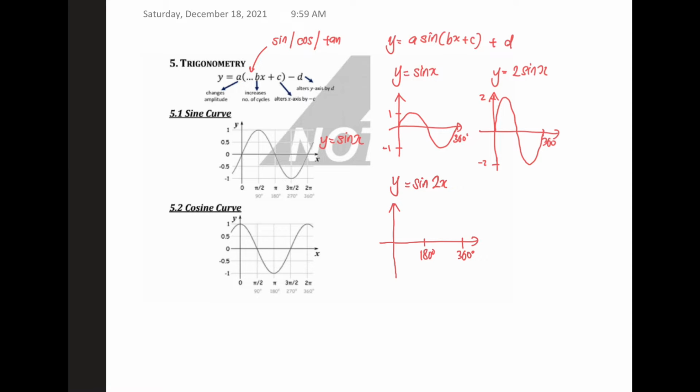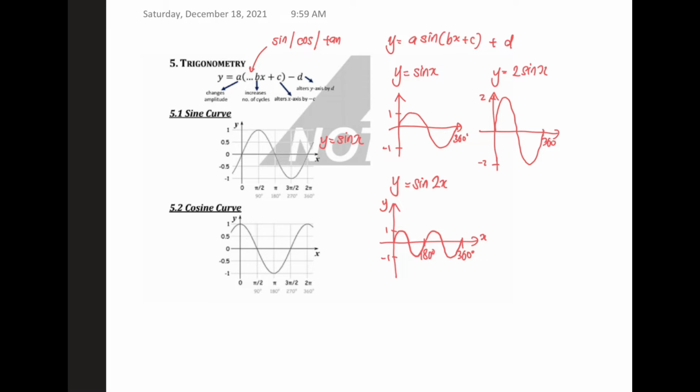In other words, in 180, it makes 1 cycle followed by another cycle. Like this. So the amplitude is not affected. It's still 1 and -1, and the cycle, you can see 2 rounds over there. So that is the effect of b.